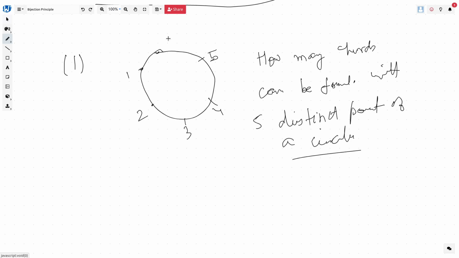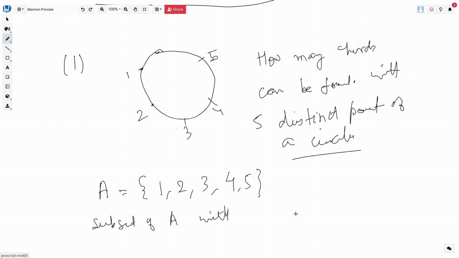Now let's try to find a parallel one-to-one function. Let's say we have a set A which has elements 1, 2, 3, 4, and 5. We want to find the subsets of A with 2 elements, and let B be the set of all the chords.